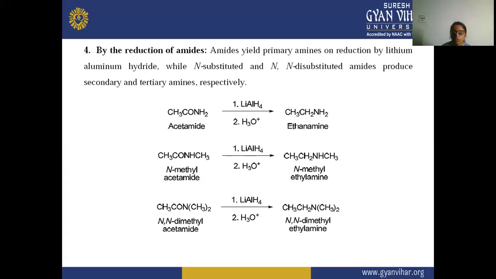So there is a production of the secondary amine. Here from the amide there is a production of ethanamine, but from the N-methyl acetamide there is a production of N-methyl ethanamine, which is the secondary amine.